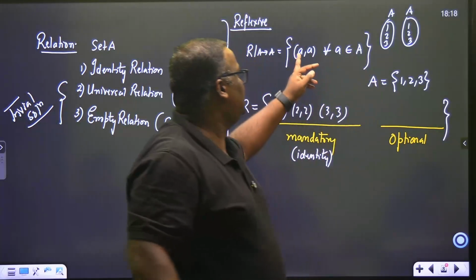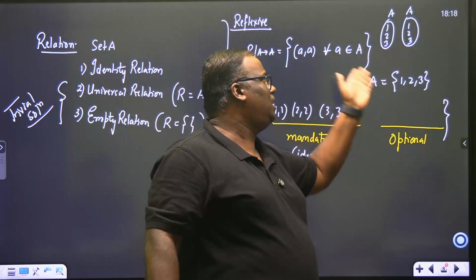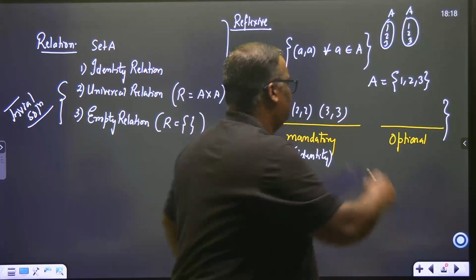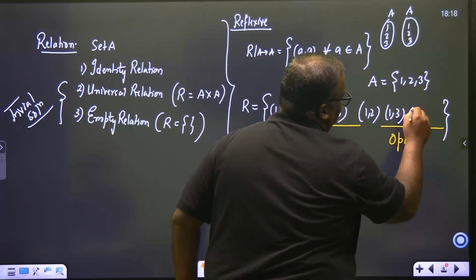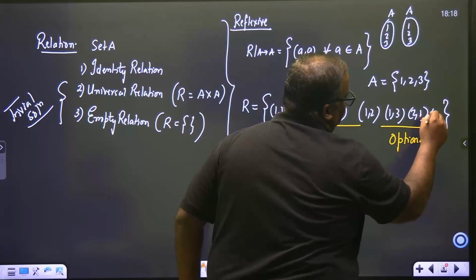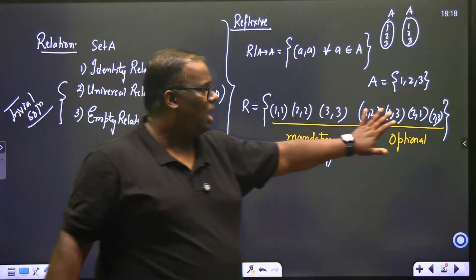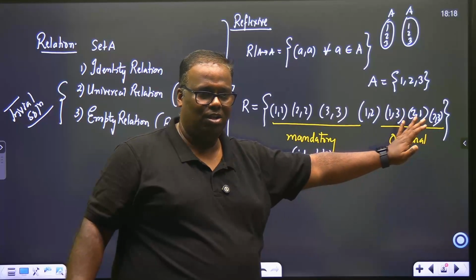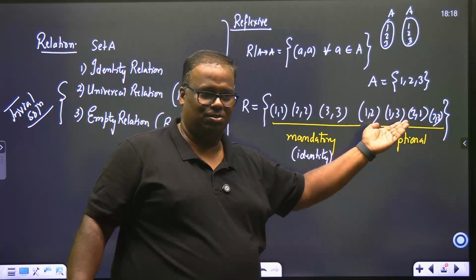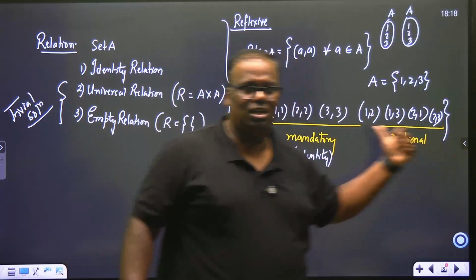Then we are saying it as a and another a for every a belonging to A. The rest is your wish. I have not included all, but all could have been here also. If this part is not there also, it is still reflexive.